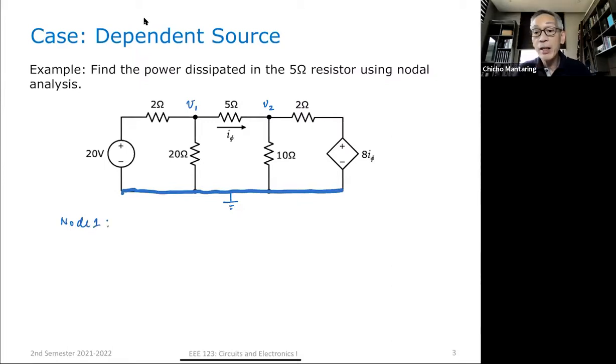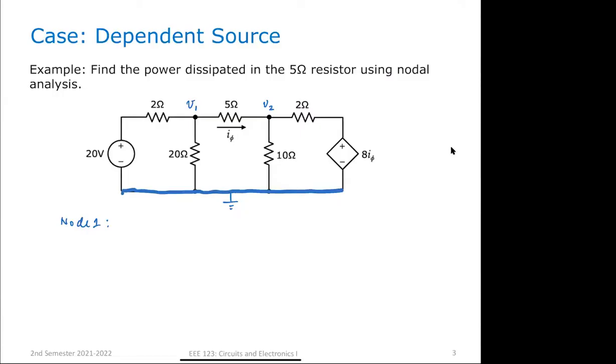Let me ask for your help here. Can I ask Albert to try to form the KCL equation for node 1? Albert, are you ready? Yes.